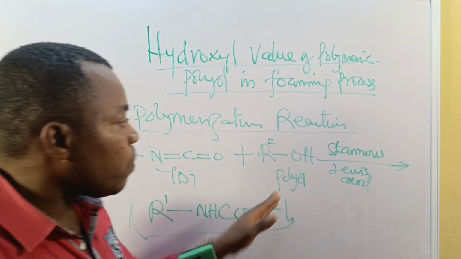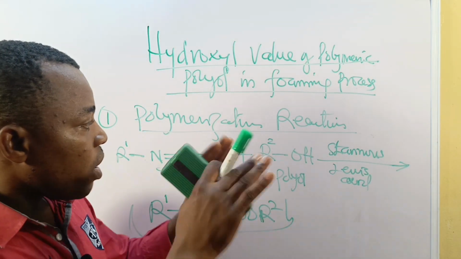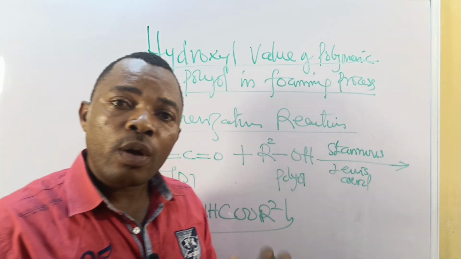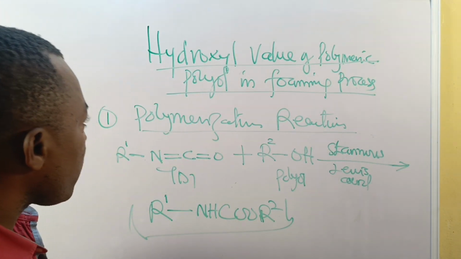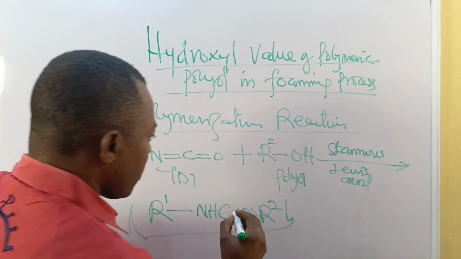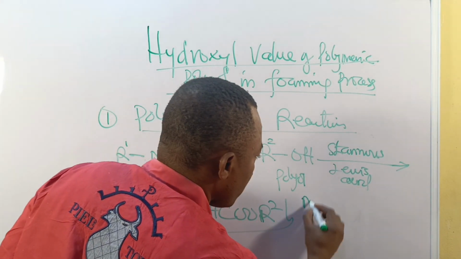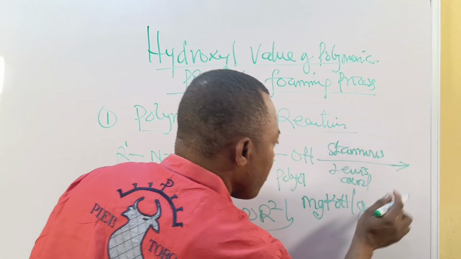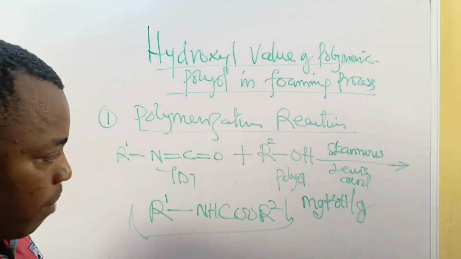So this is how OH value influences the entire mechanical properties of foam, and it is expressed in milligrams KOH per gram of polyol sample.